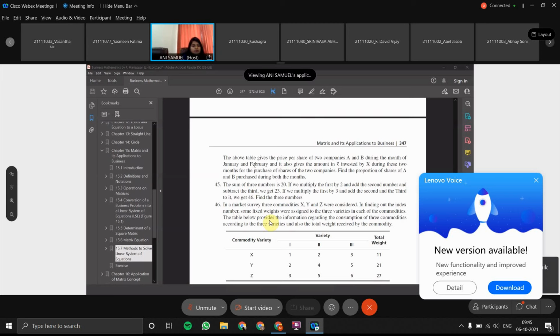And then if we multiply the first by 3 and add the second and the third, so that will be 3x plus y plus z is equal to 46.